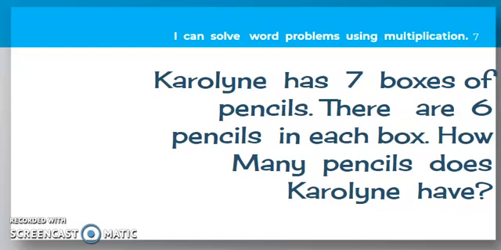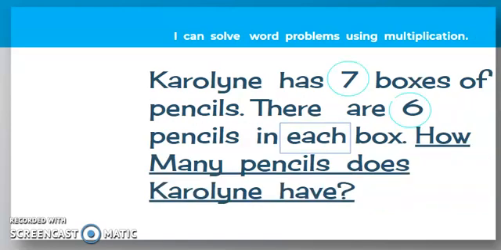We need to know how many pencils Caroline has. But remember that we need to follow those steps. So I want you to pause the video and write down the problem and work the strategies that we have reviewed so far.